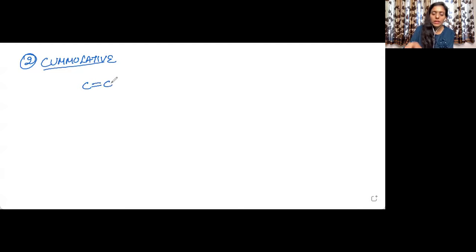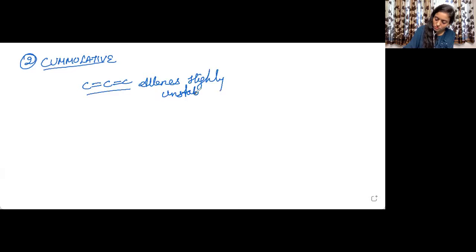Carbon-carbon double bond, and adjacent to this carbon-carbon double bond, there is one more carbon-carbon double bond. So these kinds of compounds which are having adjacent carbon-carbon double bonds are also known as allenes, and they are highly unstable.